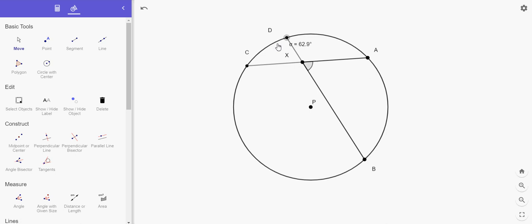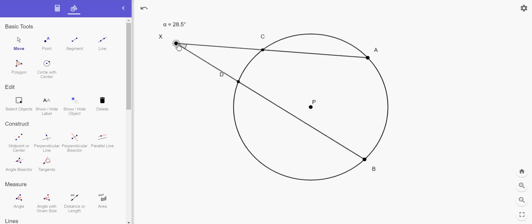Now, there's a nice relationship between the measure of this angle and the measure of these two arcs that are intercepted. Notice that these two angles are congruent, they're vertical angles. And each of them intercepts an arc. This one intercepts arc AB, and this one intercepts arc CD. Now, the measure of this angle, formed by two chords, is the average of this arc and this arc.